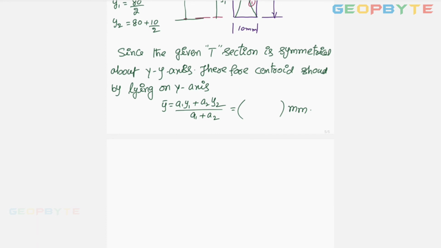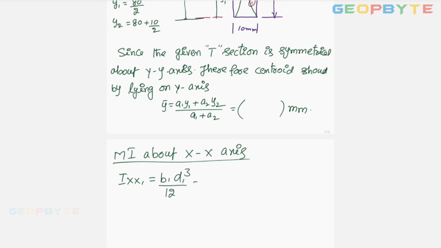Now let us find the moment of inertia about x axis. It consists of two sections. Then Ixx1 equal to b1 d1 cube by 12 plus a1 h1 square.